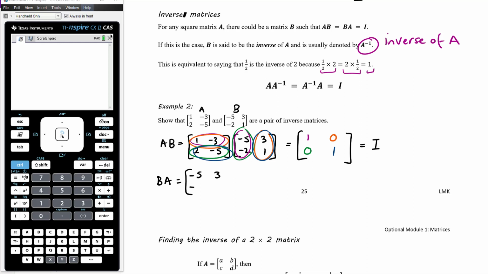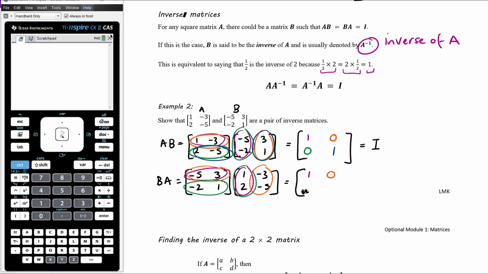-5, 3, -2, 1, times 1, -3, 2, -5. Okay, so again, top row times left column, -5 times 1 is -5, plus 3 times 2, which is 6, so -5 plus 6 is 1. Top row times right column, -5 times -3 is +15, plus 3 times -5, which is -15, so +15 plus -15 is 0.